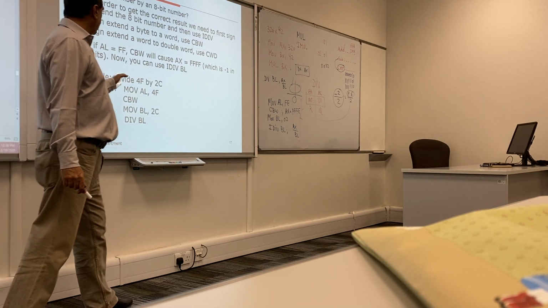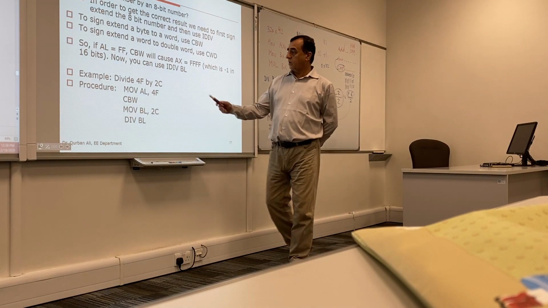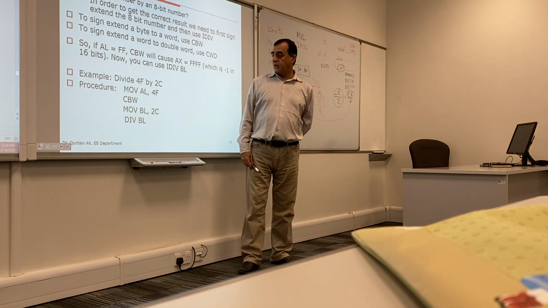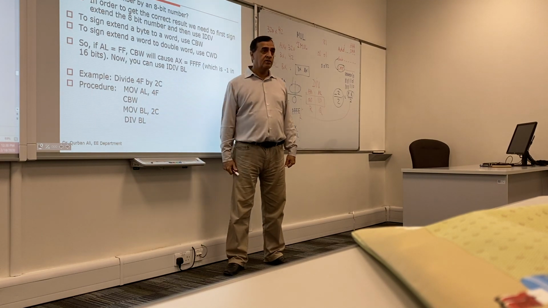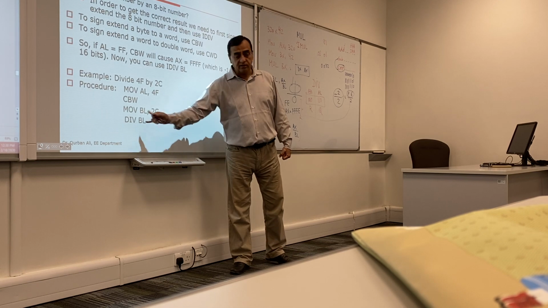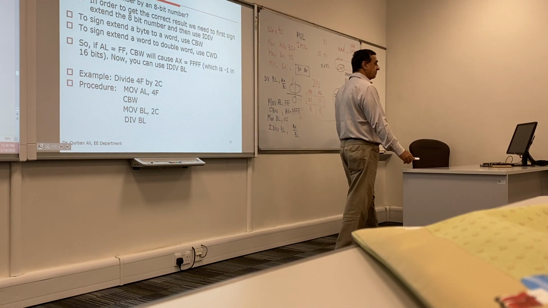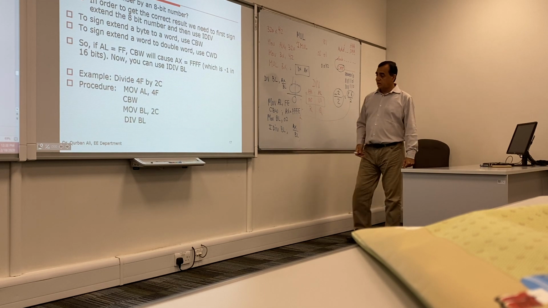Okay, divide 4F by 2C. How will we do it? 4F goes to AL. I have to make it double size: convert byte to word, and then move 2C to BL. DIV BL, because both are positive, I use div. Here one of them was negative, I used idiv.